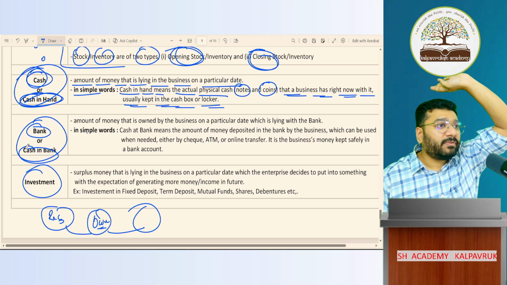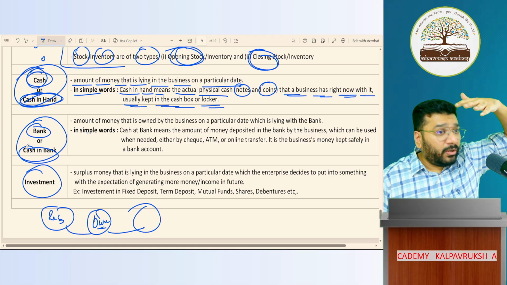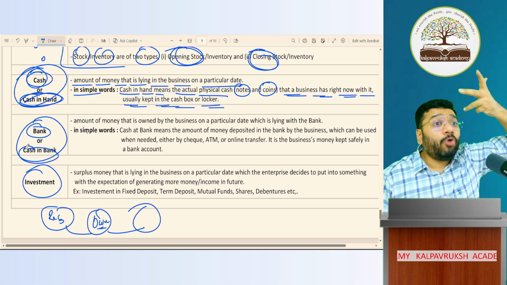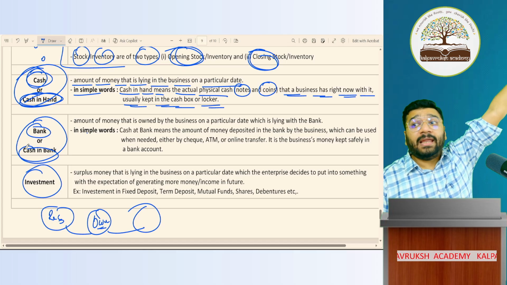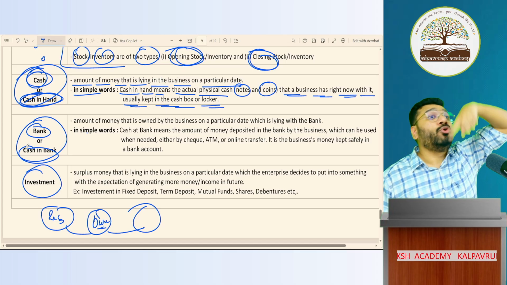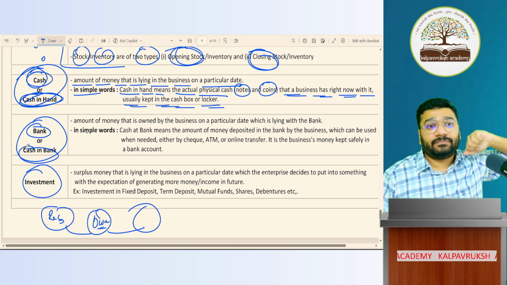In olden days, when this bank system was not so advanced, how people used to make payment? Cash. If I'm buying from Delhi, all the way from Coimbatore, I have to travel and give the payment.